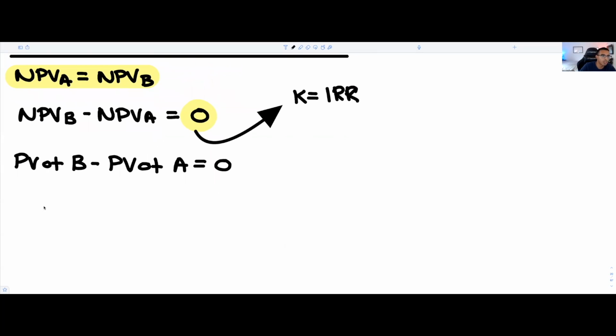So in other words, we could say, for example, assuming that they're perpetuities, we would say payment B over K minus payment A over K. Of course, they would have different initial investments. That's how they would be equal to each other. Don't you worry, I understand.